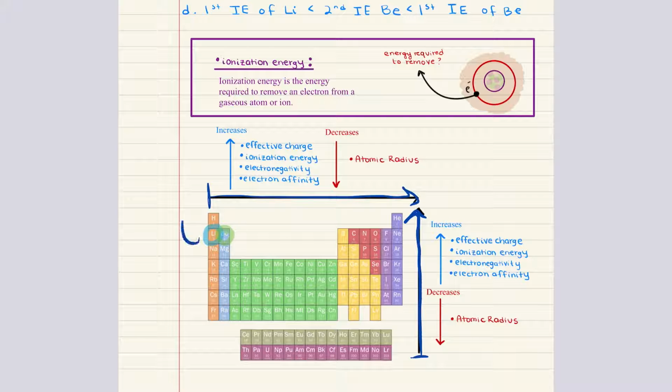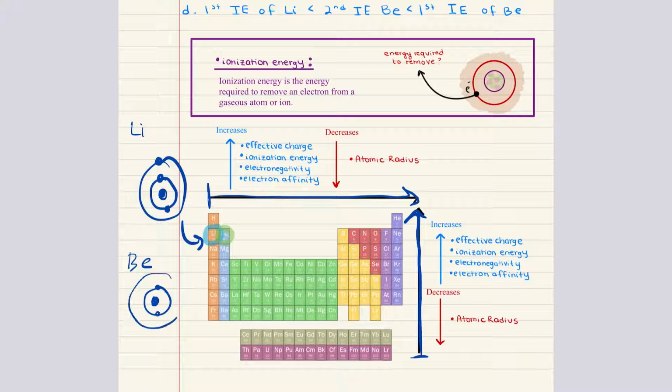For lithium, with only one electron in its outer shell, that first ionization energy is relatively low because it will readily lose this electron to achieve a stable noble gas configuration. Lithium has one electron in its outermost shell, whereas beryllium has 2. Removing the electron from lithium's outermost shell is going to be easier than removing an electron from beryllium.